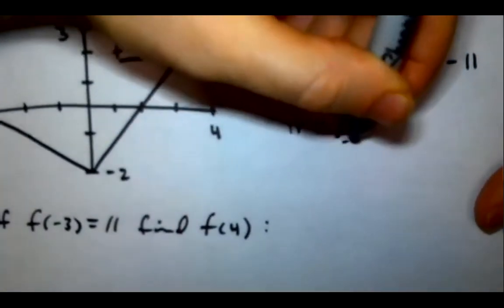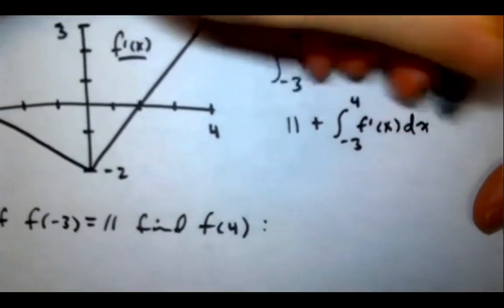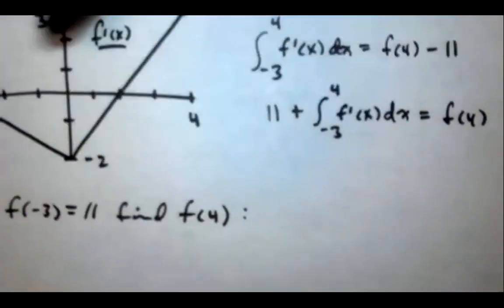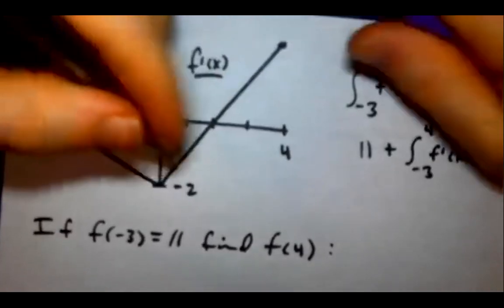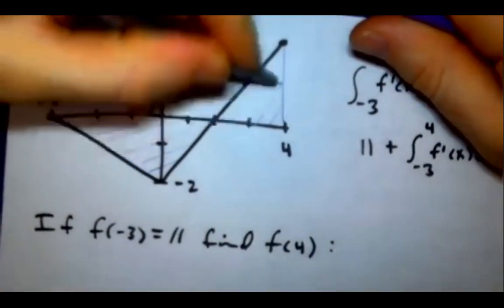So the integral from -3 to 4 of f prime of x dx is equal to f of 4. And then you find the area. Under the line, because it's a triangle for that first little bit, you would get -6. Oh, I did it like 2 separate triangles. That's cool.